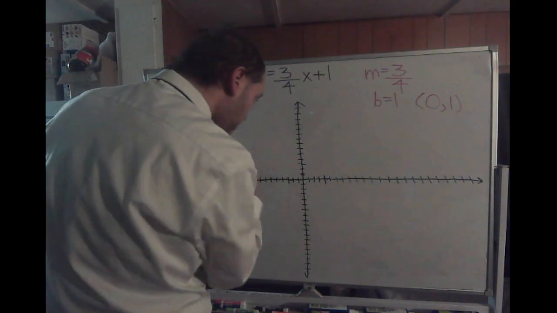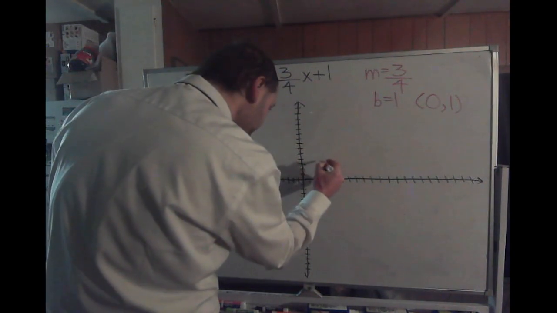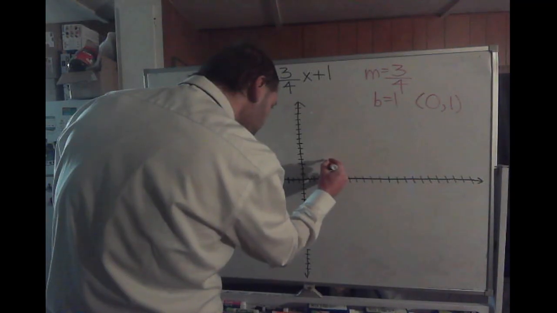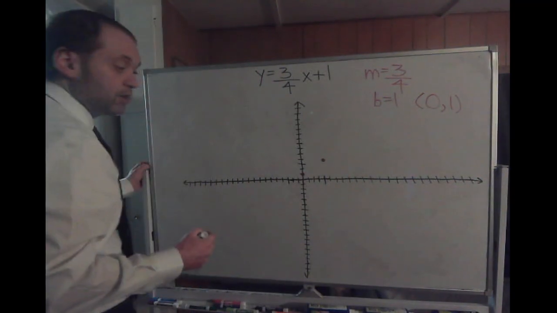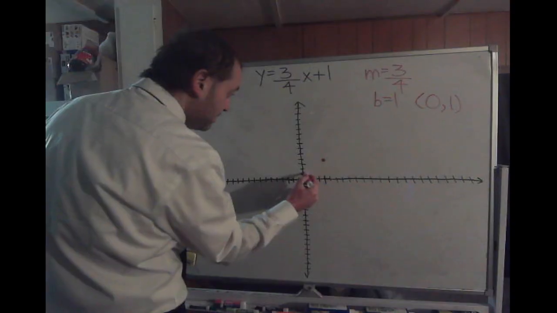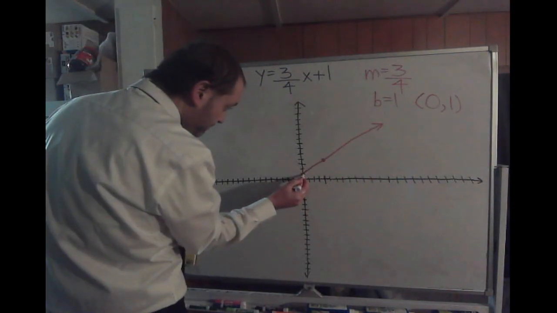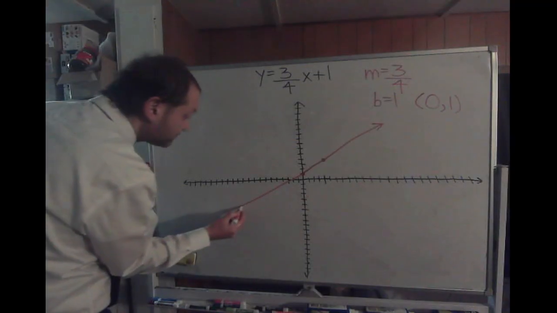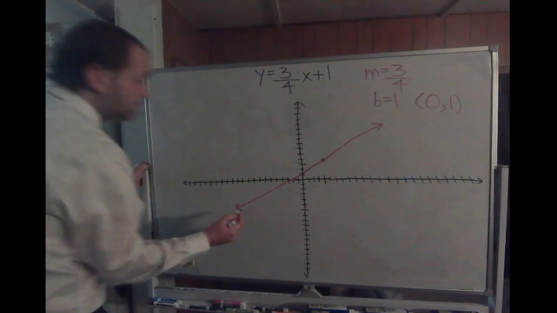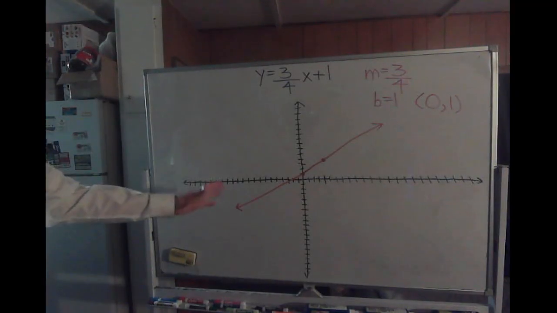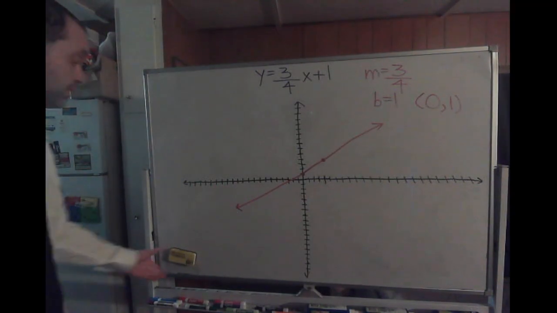That will put you at the point 4, 4, which would be right about there. Now that you've plotted points, let's graph the line. And that's roughly what y equals 3/4 x plus 1 would look like.